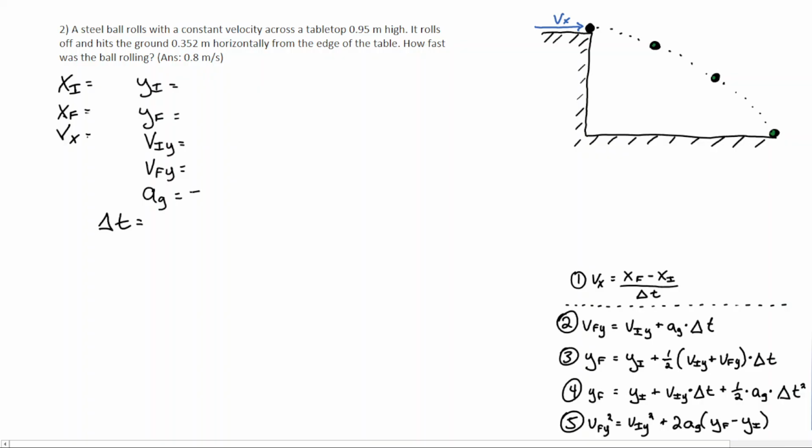Already we know that the acceleration due to gravity is negative 9.8 meters per second squared.